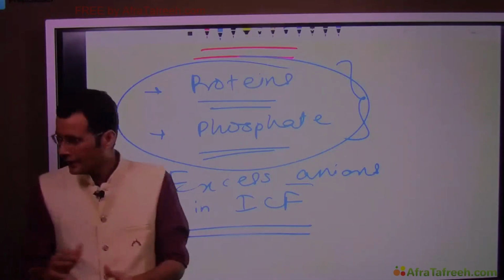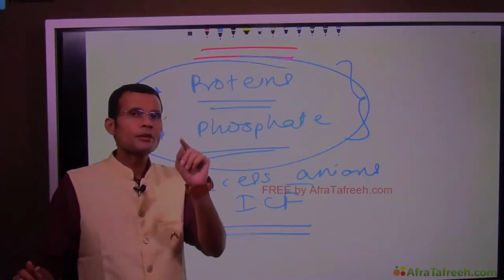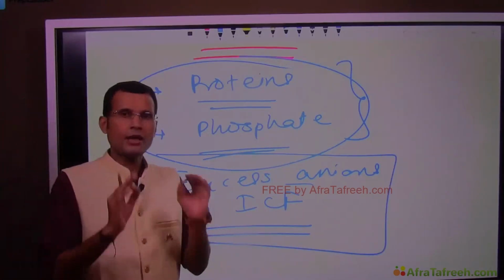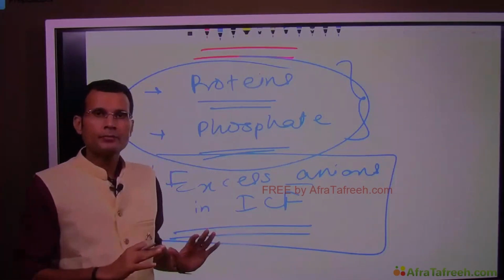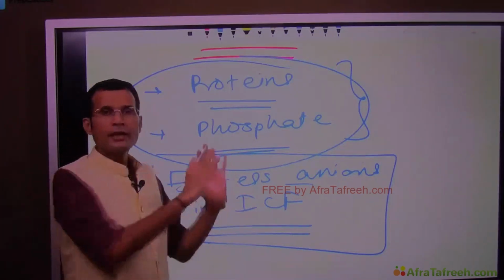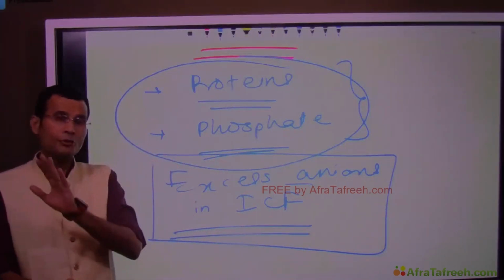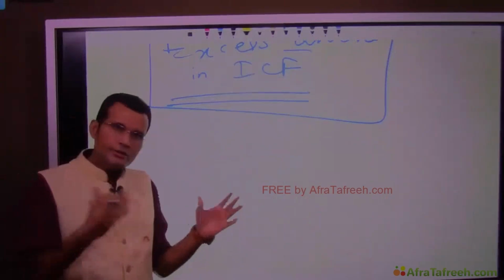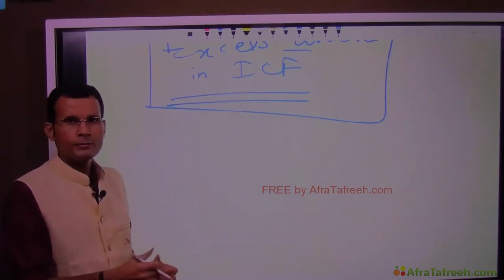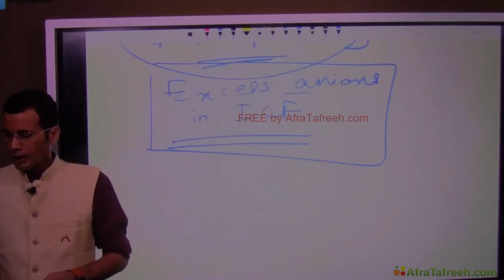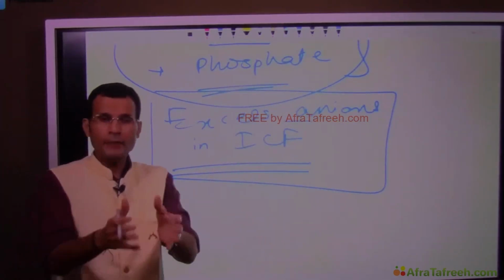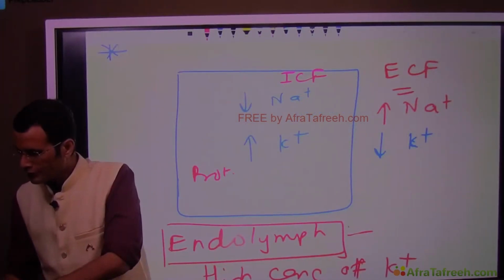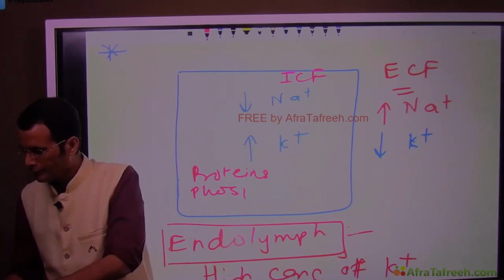And therefore, now this point is important. Conceptually, you should make a note that our starting point is that there are excess anions in one compartment. Excess anions inside the cells. Okay, you will have to remember this forever as your concept, that there are excess anions inside the cells, and all the cells without any exception. Now because this is our starting point, and as I mentioned, there is a law of electroneutrality, and here I say proteins and phosphate inside the cell.